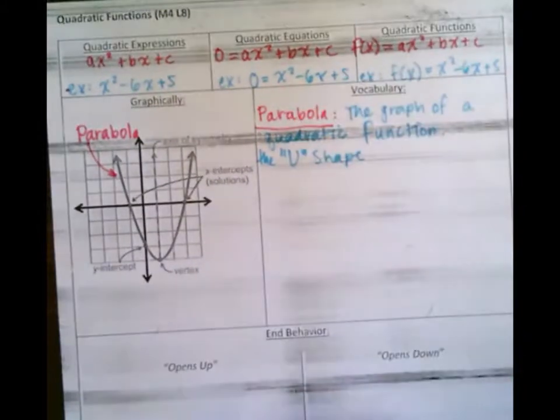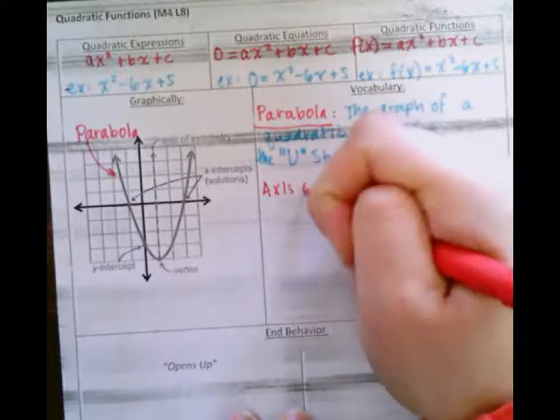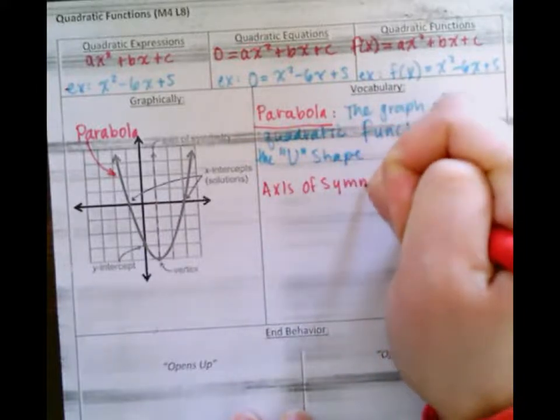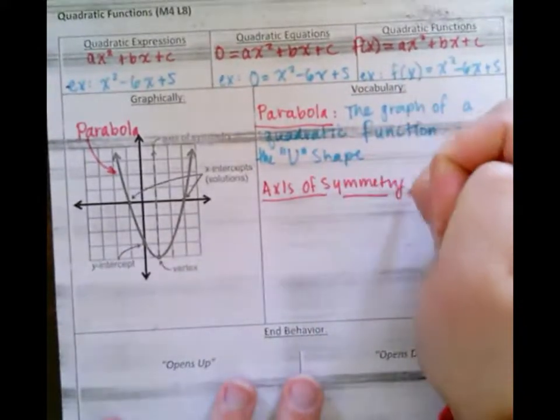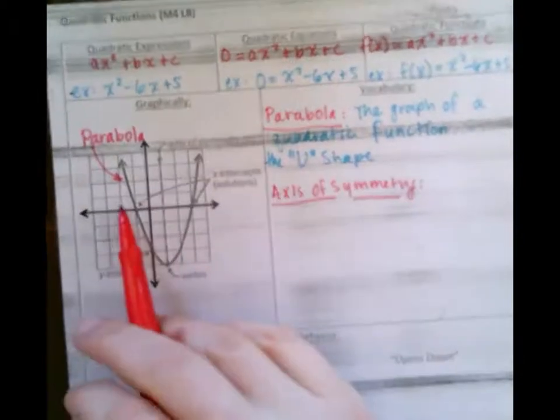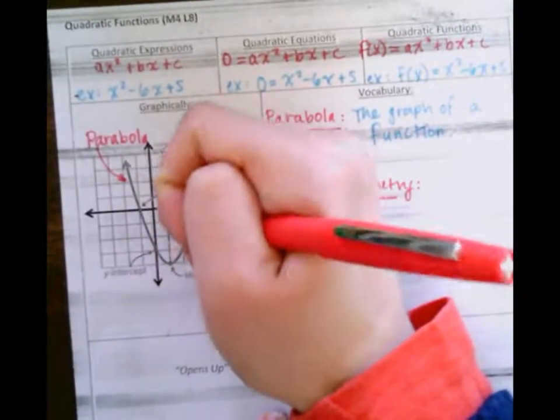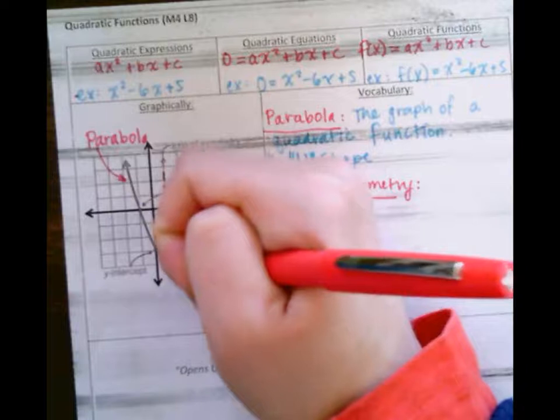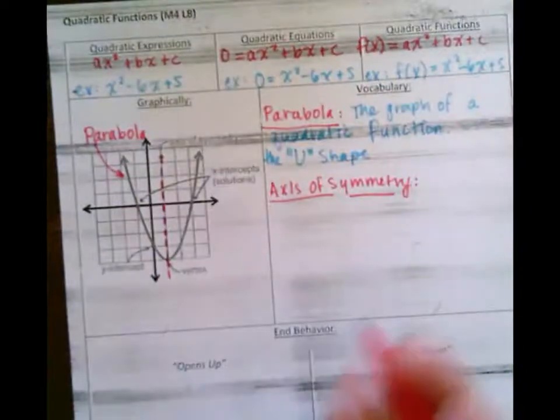The next thing I want to talk about is the axis of symmetry. We looked at the axis of symmetry in class today when we were thinking about points on either side being symmetrical. The axis of symmetry is this line right here that goes through the vertex, and it divides our parabola into two equal halves.